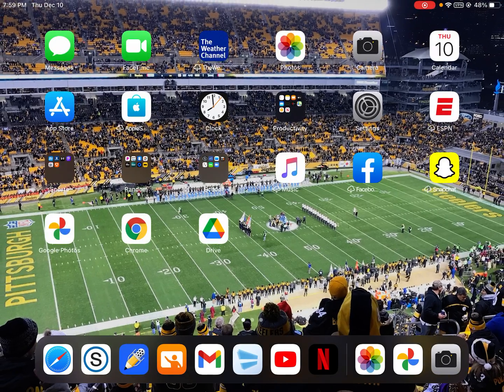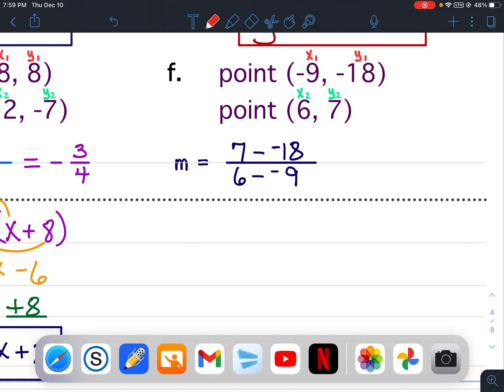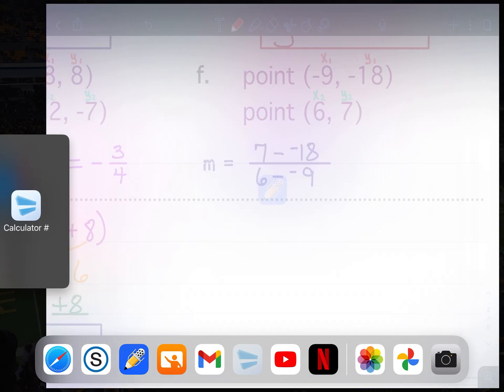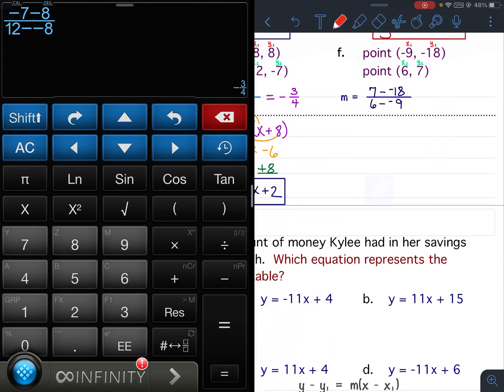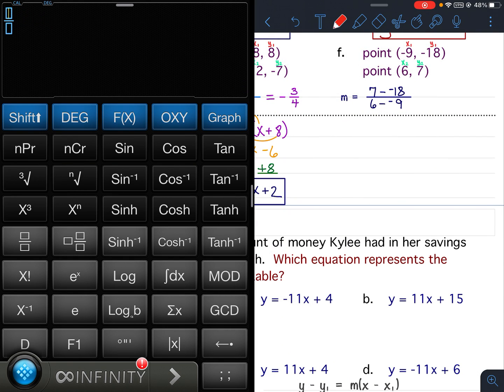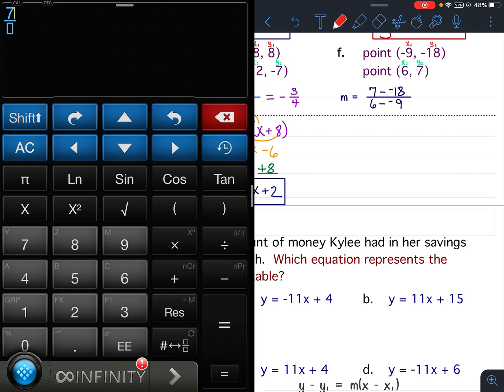All right, so let's put this in our calculator. Starting with the fraction button, I've got 7 minus negative 18 over 6 minus negative 9, which would be 5/3.